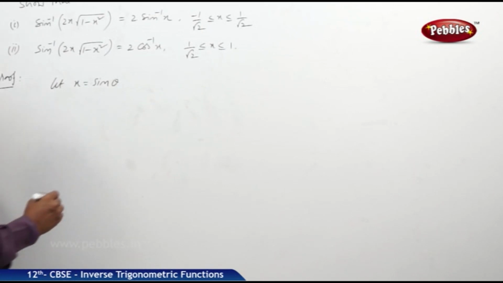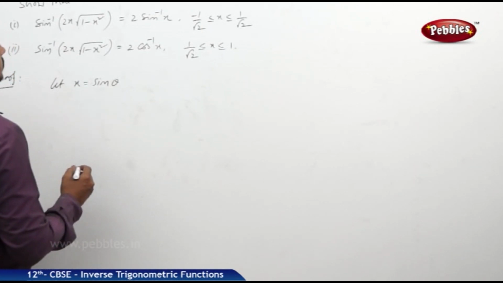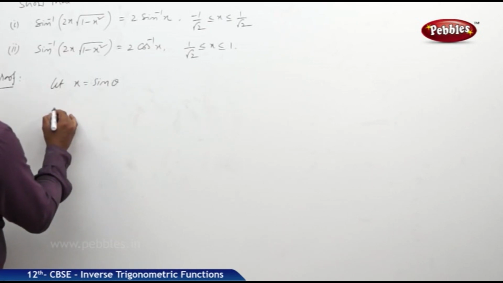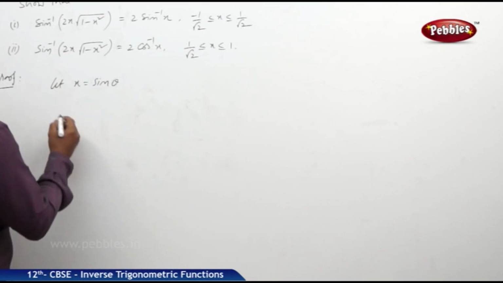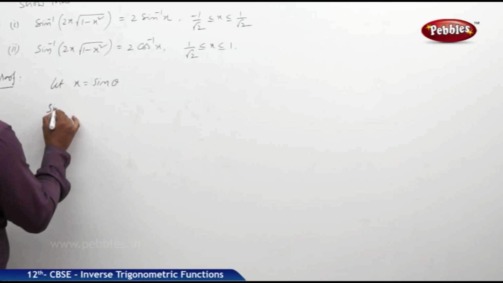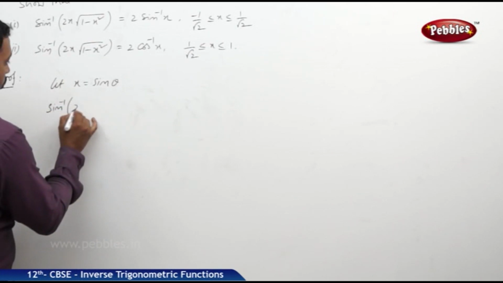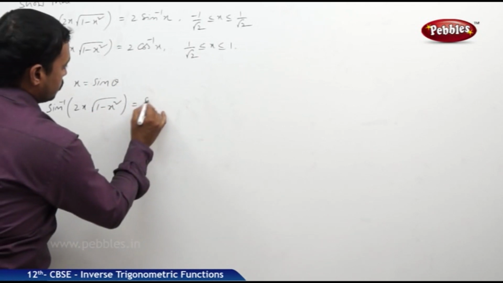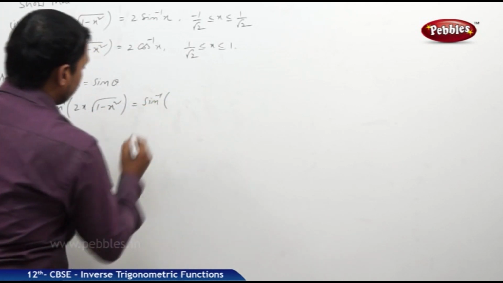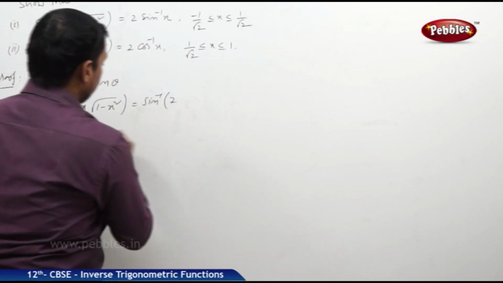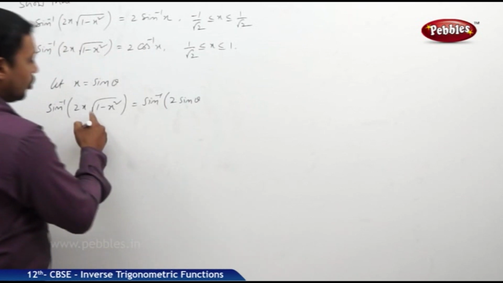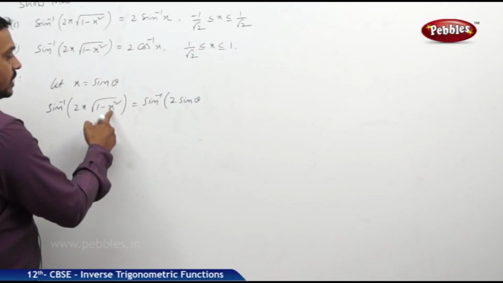Consider x is equal to sin theta. Then consider sin inverse of 2x into root of 1 minus x square, which is equal to sin inverse of 2 into, put x is equal to sin theta, root of 1 minus sin square theta.